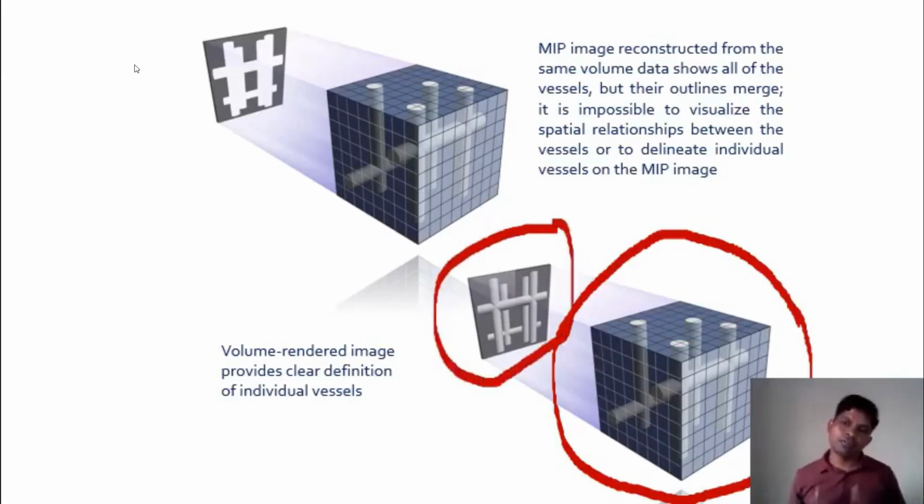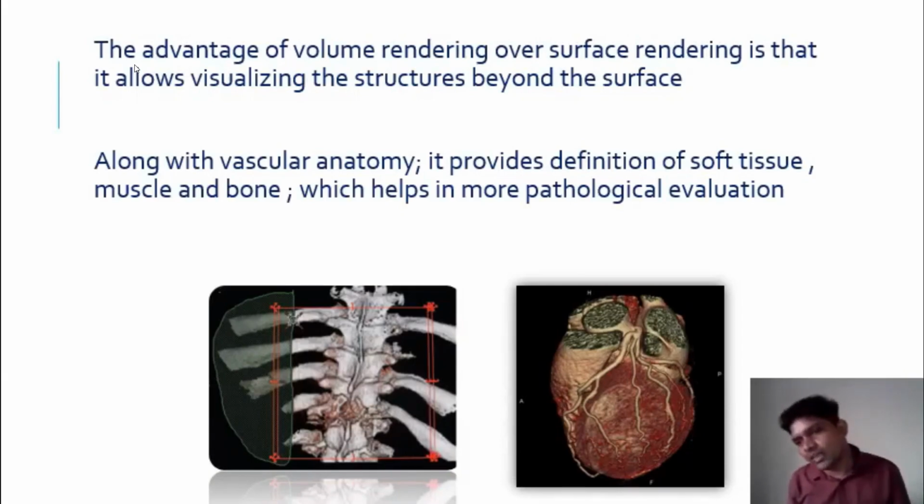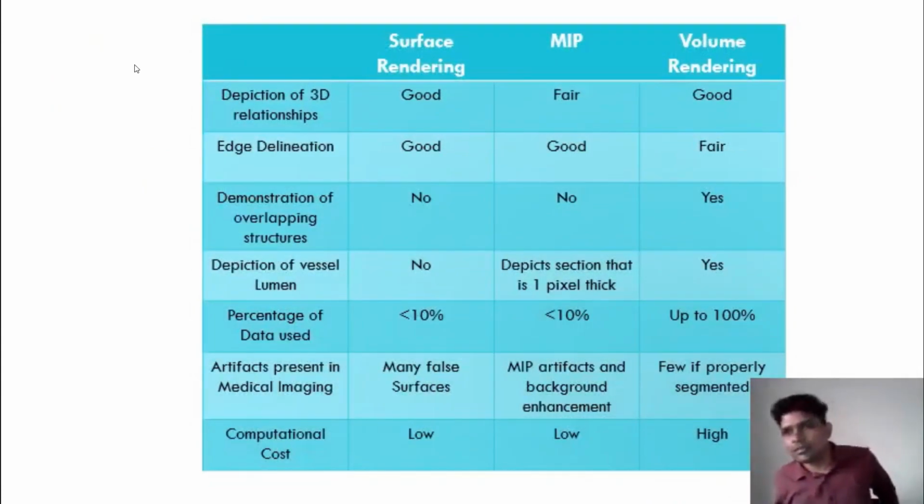It means we are able to see blood vessels or high-density bony structures. You can see in the image here that we are able to see any fracture or anything bony if required. If a cardiac scan is done, we are able to see the vessels of the heart properly. So this is the comparison of surface rendering, MIP and volume rendering.